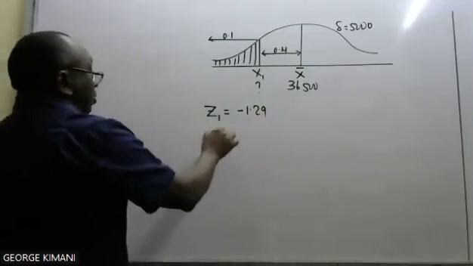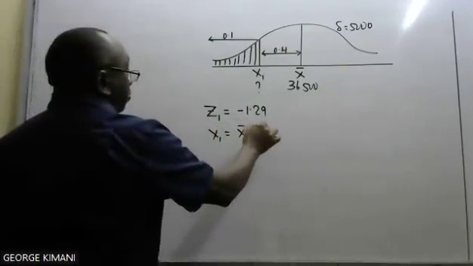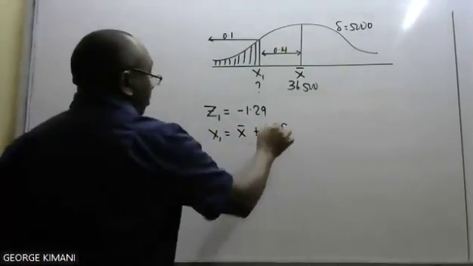So X1 should be X bar plus Z1 standard deviation.